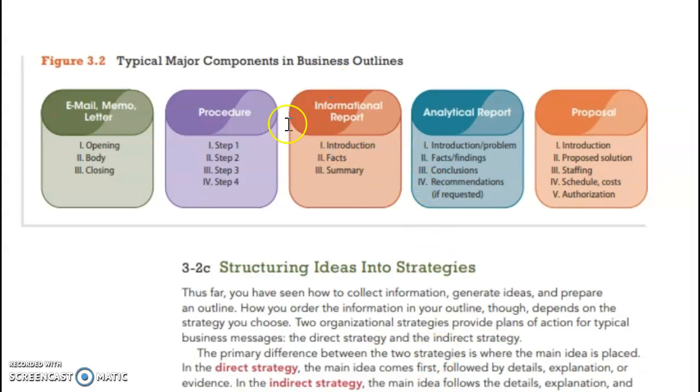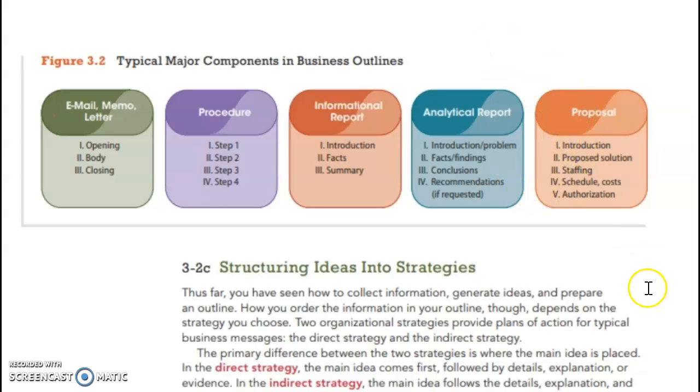If it's a report that provides information, you will just do an introduction, facts, and then a summary. If it's an analytical report, you're going to first have an introduction and introduce the problem, then talk about your findings, have a conclusion, and then a recommendation if you're supposed to provide that. And then a proposal.